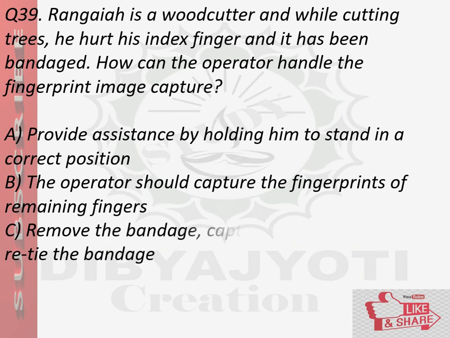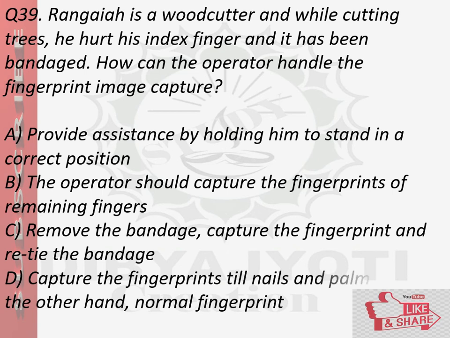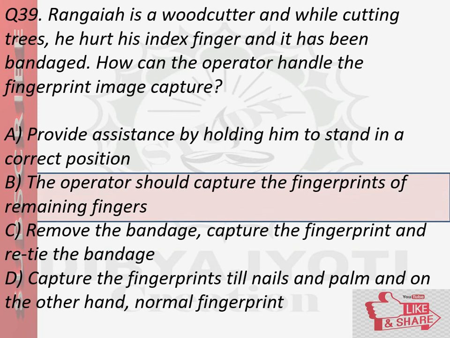Option B, the operator should capture the fingerprints of remaining fingers. Option C, remove the bandage, capture the fingerprint and retie the bandage. Option D, capture the fingerprint till nails and palm and on the other hand normal fingerprint. And the answer is option B, the operator should capture the fingerprints of remaining fingers.